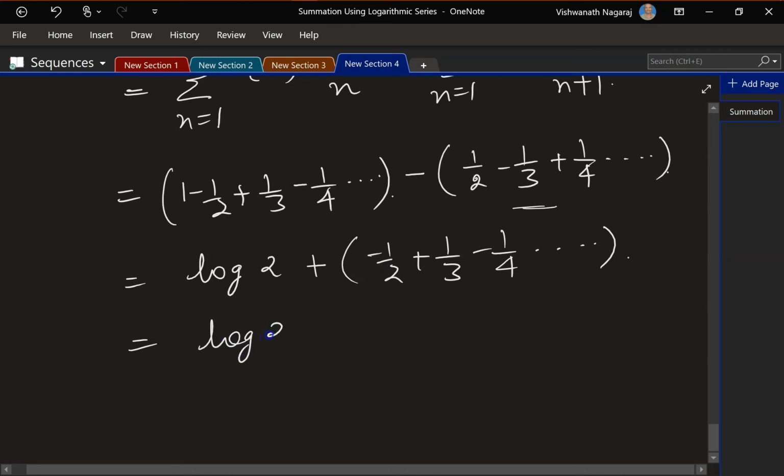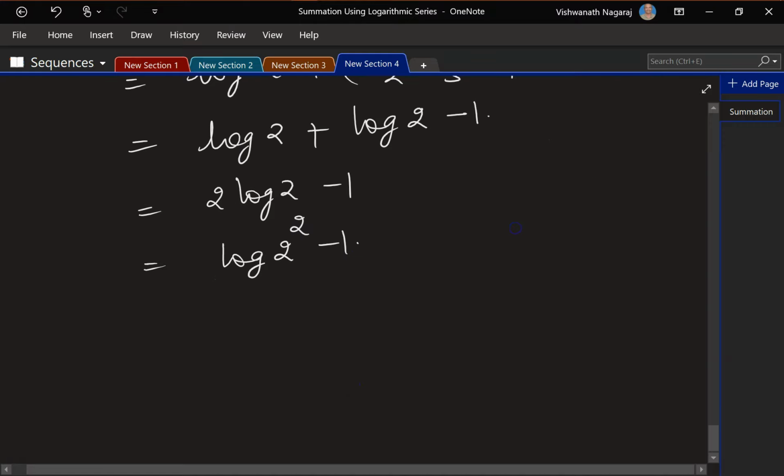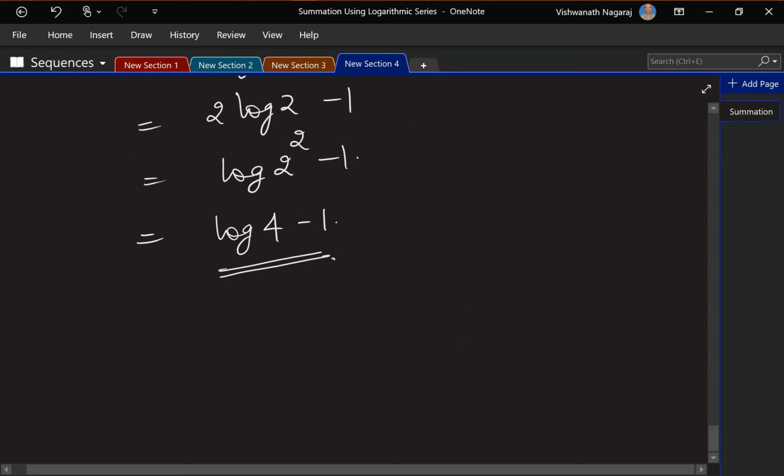So this is log 2 plus log 2 minus 1. This is 2 log 2 minus 1, which means log 2 to the power of 2 minus 1, which is equal to log 4 minus 1. So that is summation using logarithmic series.